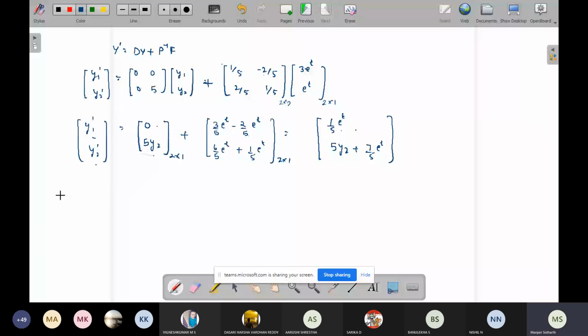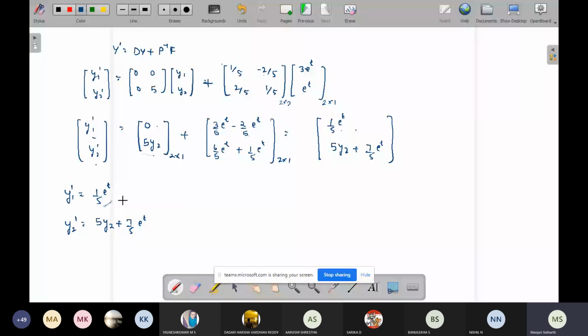So we have two equations. y1 dash is 1 by 5 e power t and y2 dash is 5y2 plus 7 by 5 e power t. Now it's up to you which method you are going to use to solve these two equations, right? This is a non-homogeneous equation if you go into first order differential equations.